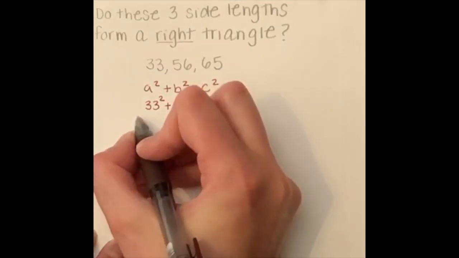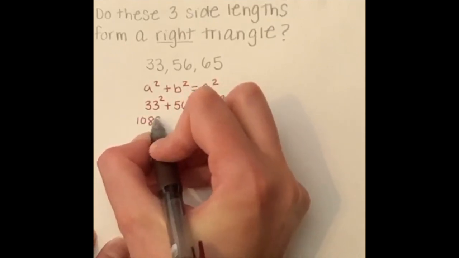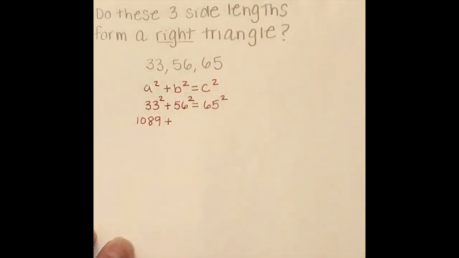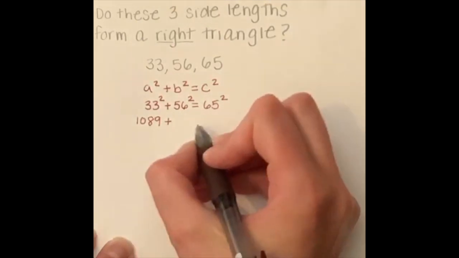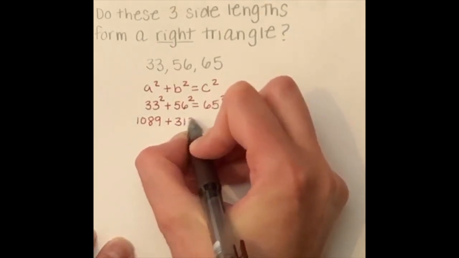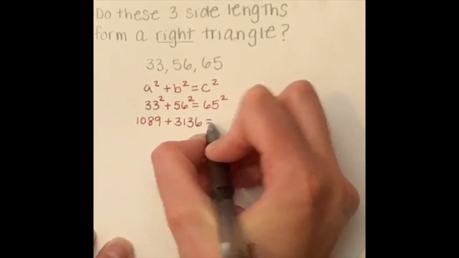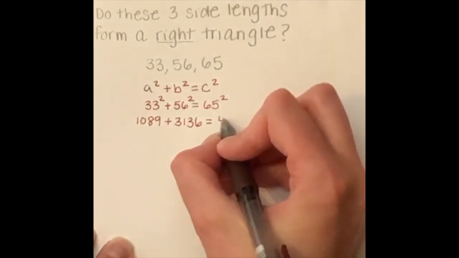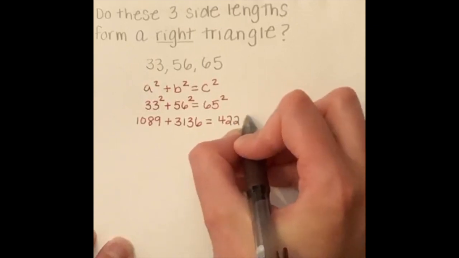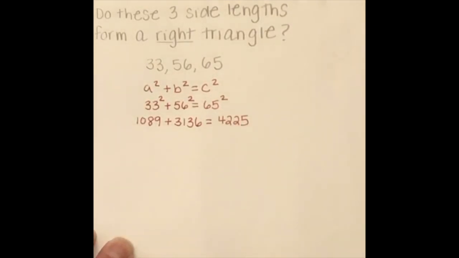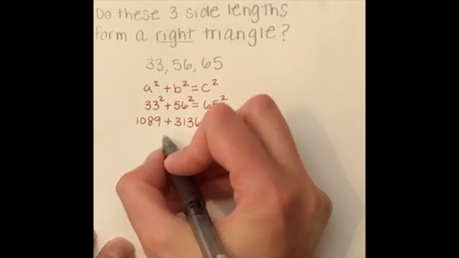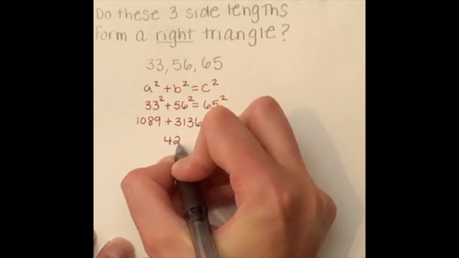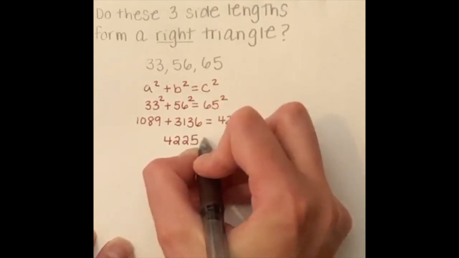33 squared is 1,089 plus 56 squared, which is 3,136, should equal 65 squared, which is 4,225. Let's simplify the left-hand side of that equation. 1,089 plus 3,136 is in fact 4,225.